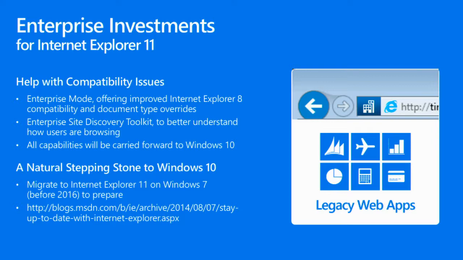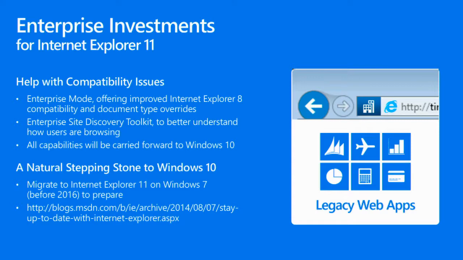Now, having two browsers on the system, if you choose to allow Edge to be used as well as IE11, will have some potential user impact. So we can bounce from one browser to the other. Maybe they use Edge for all of their normal browsing, and when they hit an internal site, we can say, well, this site needs to run in IE, and we can pop up IE to run that instead.